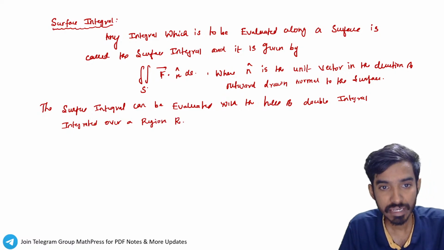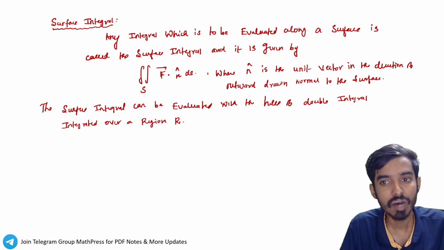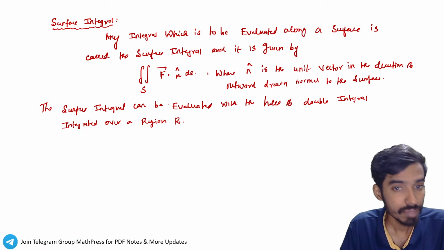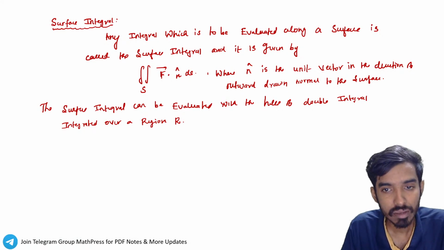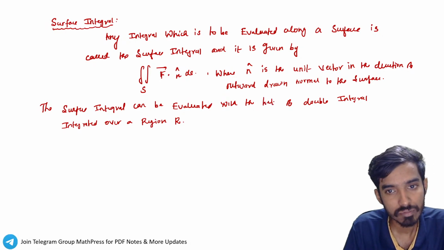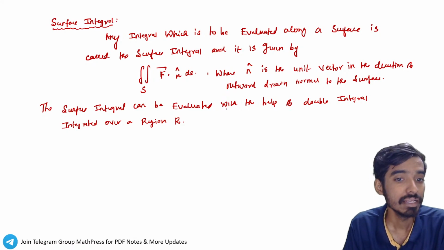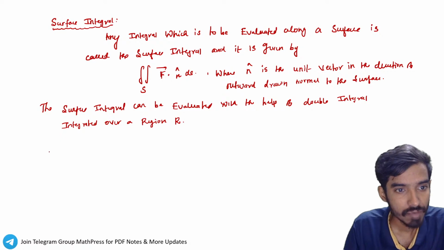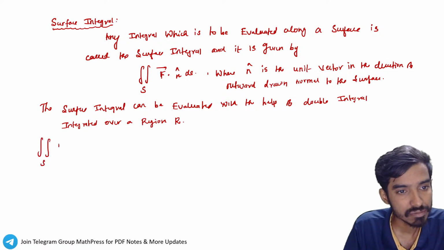The surface integral can be evaluated with the help of a double integral, and we know how to evaluate a double integral. That means the double integral over S of F vector dot n cap dS can be evaluated with the help of a double integral integrated over a region R.